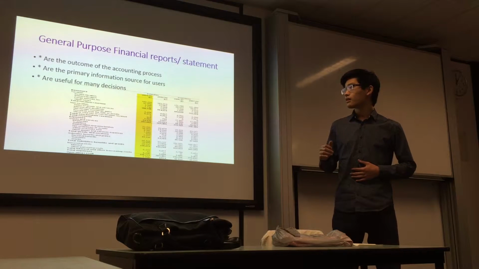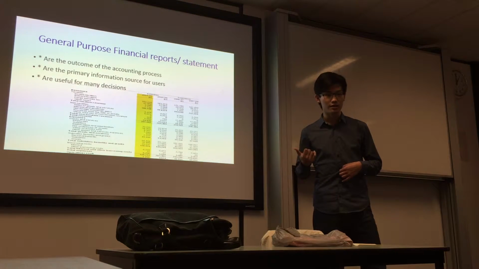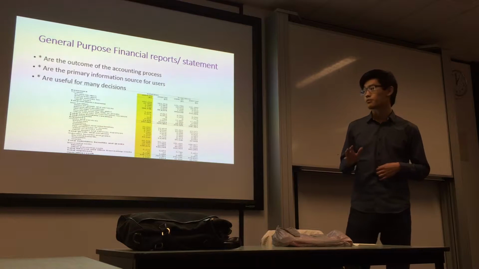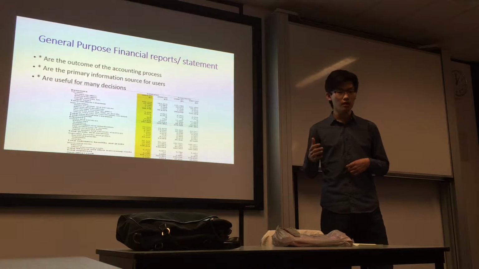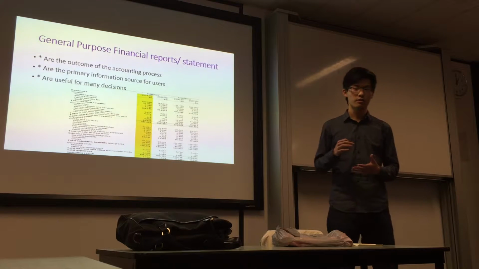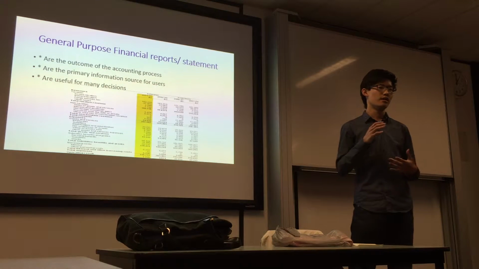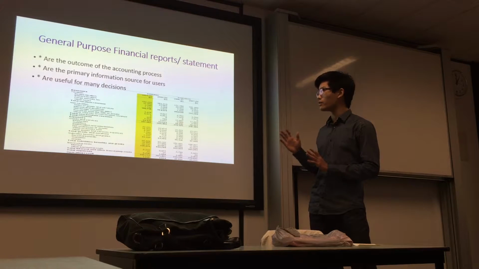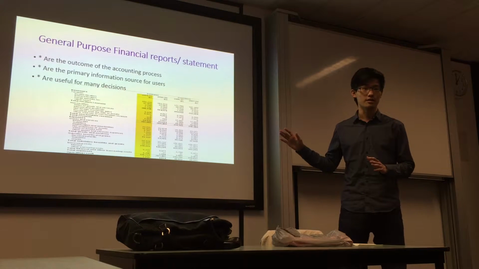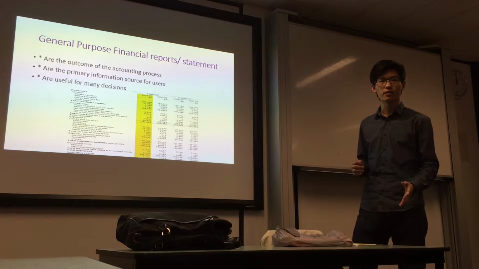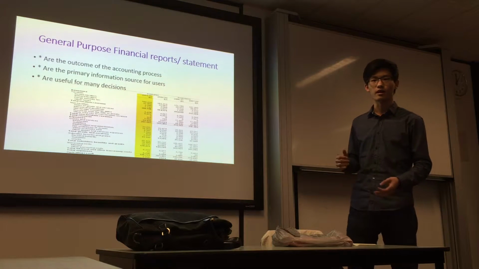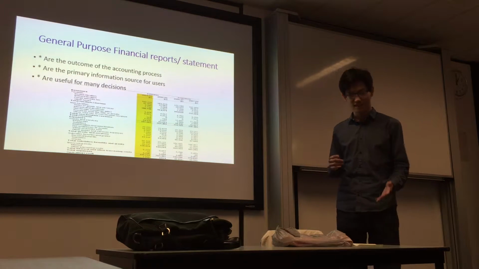The management will use the information provided by the statement to know how they can allocate their resources. Otherwise, if they don't know these things, they can't do anything, because if they don't know their business, they can't make the right decisions.